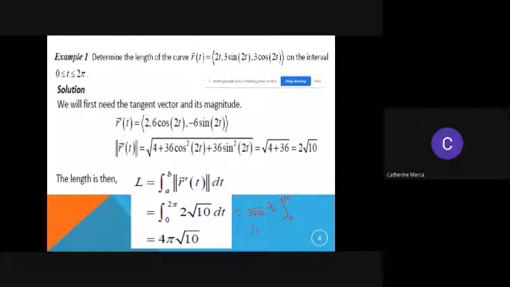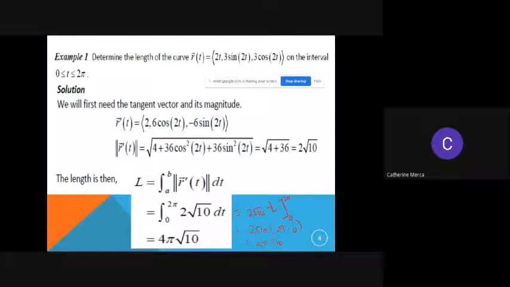2 square root of 10. Okay, your t there will now be from 2 pi minus 0, or that is equal to, okay, this is 2, right? 2 times 2 pi, that square root of 10, that will have 4 pi square root of 10.